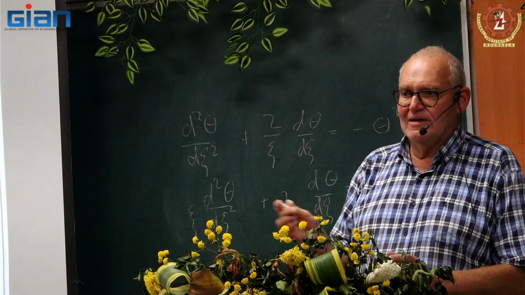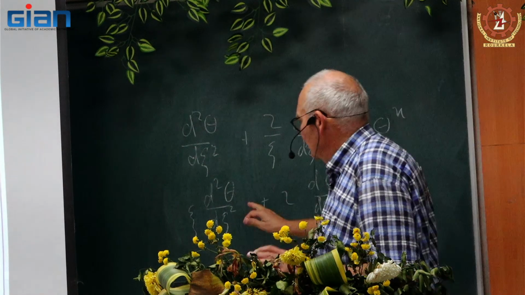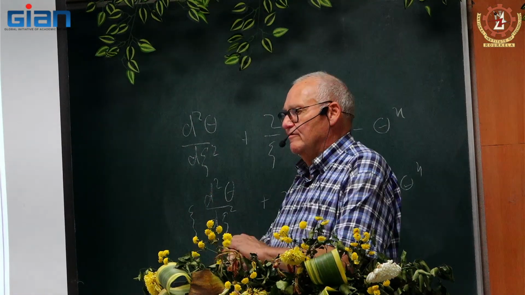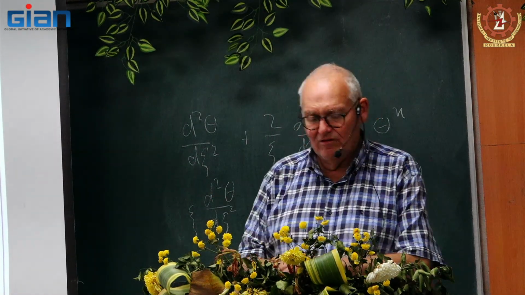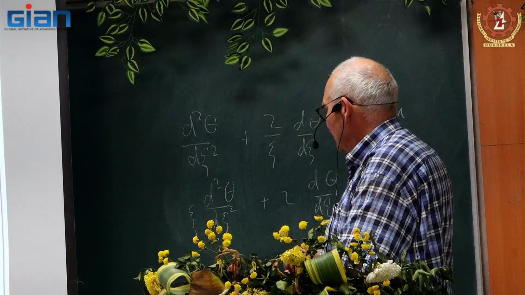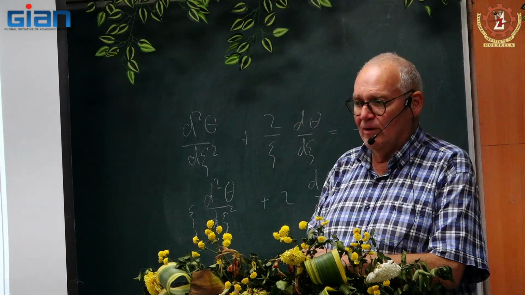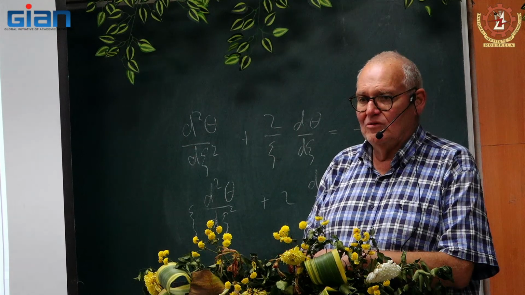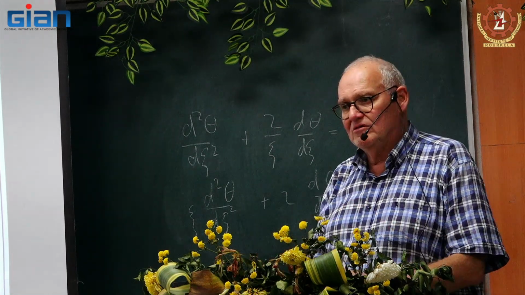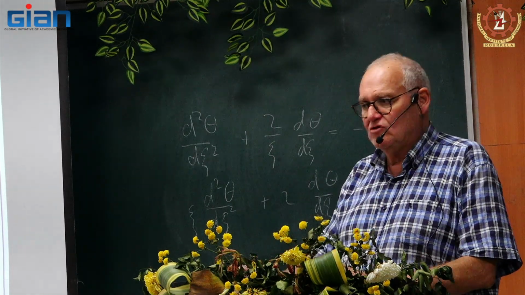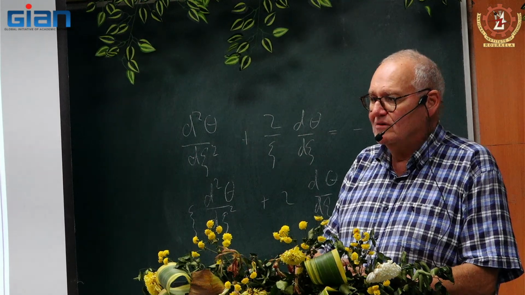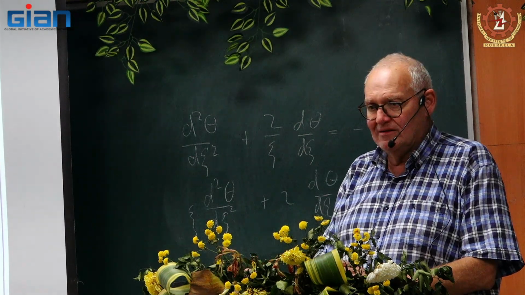A point where the coefficient of the highest derivative vanishes is a so-called singular point, which means that apart from regular solutions which do not diverge, we also have solutions which diverge at a singular point.